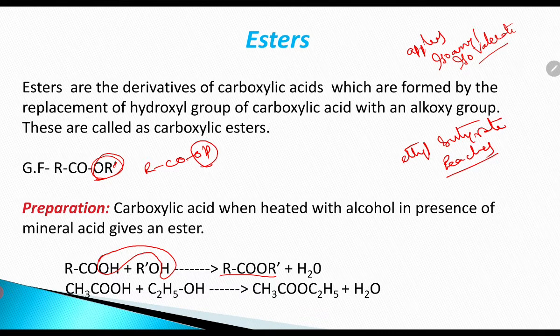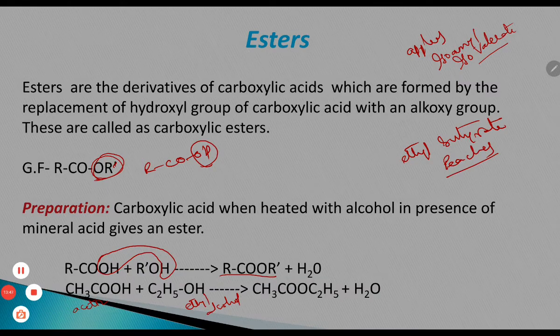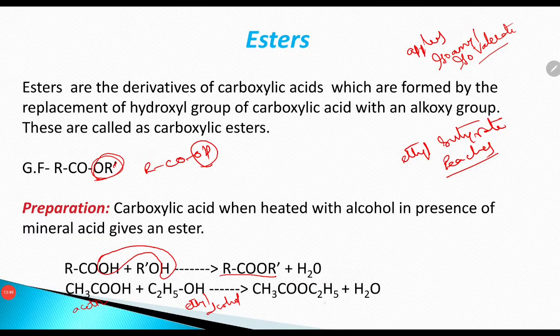We have one example here, CH3COOH, this is acetic acid. Acetic acid, when reacted with ethyl alcohol, C2H5OH, undergoes dehydration, that is, one H2O molecule is lost and esterification takes place, and CH3COOC2H5, that is ethyl acetate, is obtained.